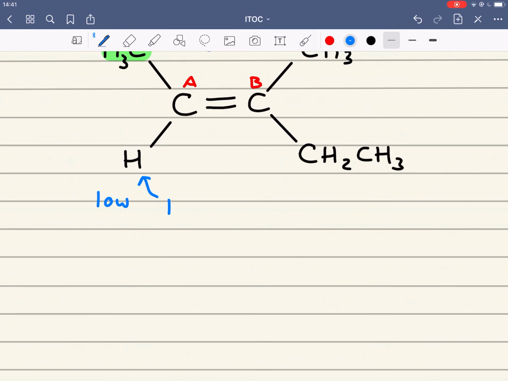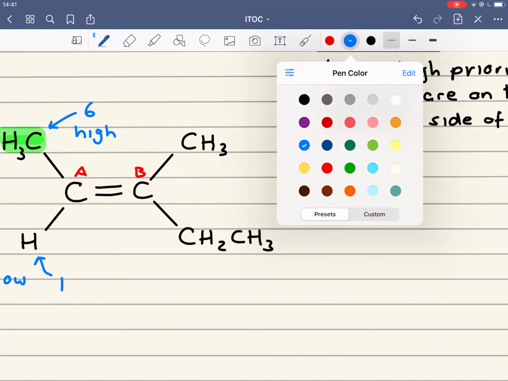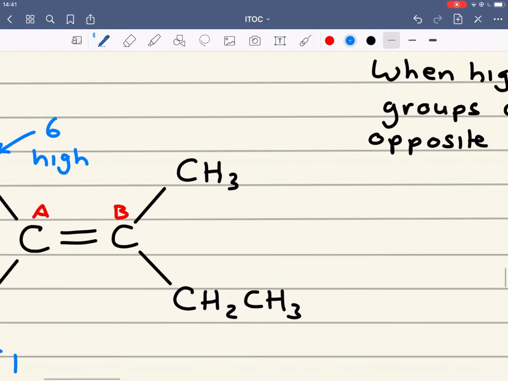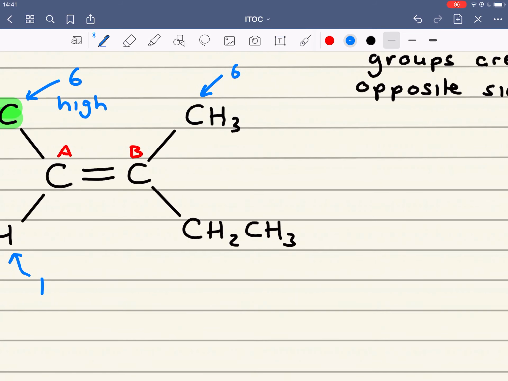Now have a look at carbon B. And we can see that carbon B is a carbon attached above and a carbon attached below. It's a tie. Both of these are atomic number 6. What we do now is we move on to the next atom, the atom bonded to this carbon.